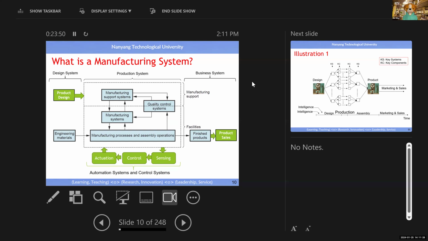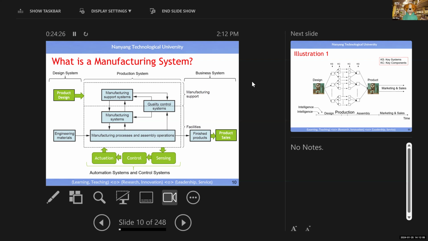Okay. Then this slide gives you an overview about the different systems inside the manufacturing system. So on top, okay, you have a manufacturing system. Then this slide includes design system, production system, business system, right? And inside the production system, you will see a lot of processes and also quality control system, manufacturing support system, right? But in particular, you will see automation system and control system, right?